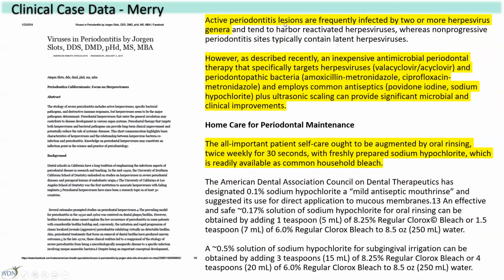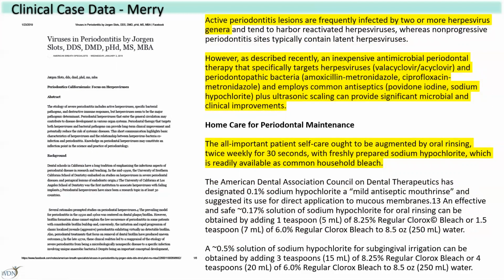Again, he reminds us that these lesions frequently are infected by 2 or more herpes viruses. And again, we have inexpensive antimicrobial periodontal options that we could use. We could use antivirals, and we could use antibiotics, either rinse or systemic antibiotics.